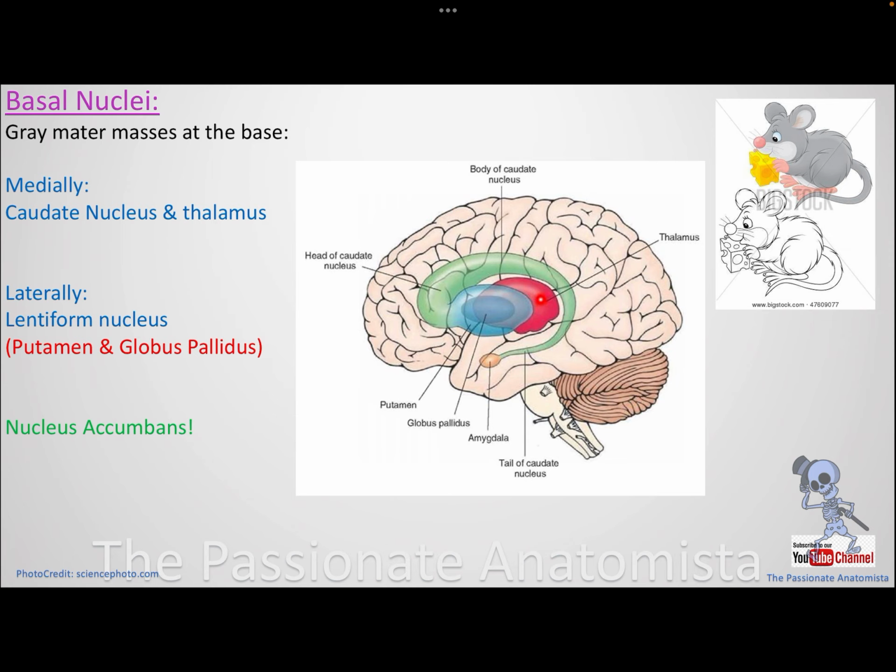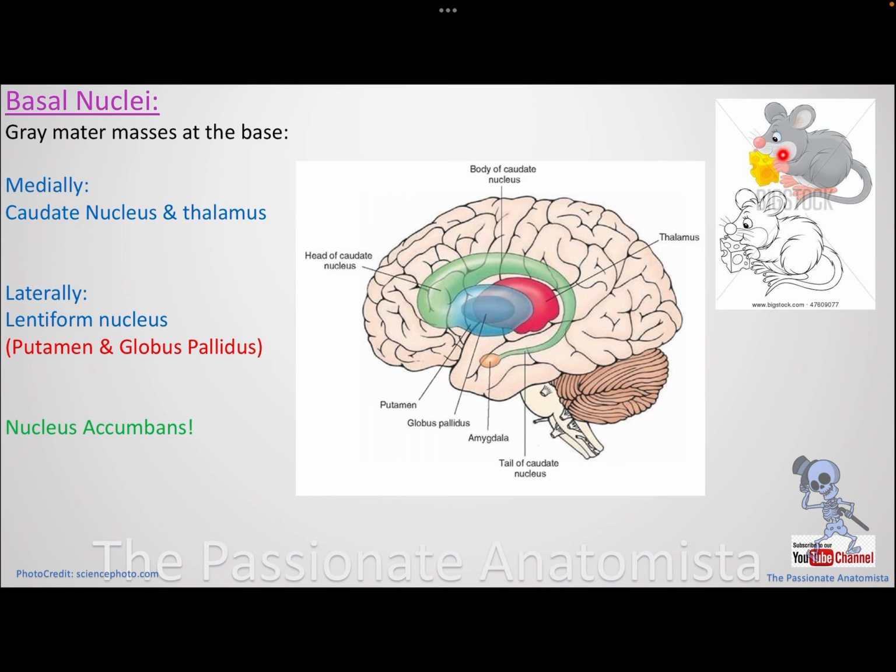Thalamus is gonna be medial and the caudate, and the lentiform is gonna be laterally, which is the putamen and globus pallidus. And if you think about the caudate nucleus that has a head, body, and tail as a mouse, remember that the cheese of that mouse is going to be the lentiform nucleus, or the outer part of the lentiform, which is the putamen.